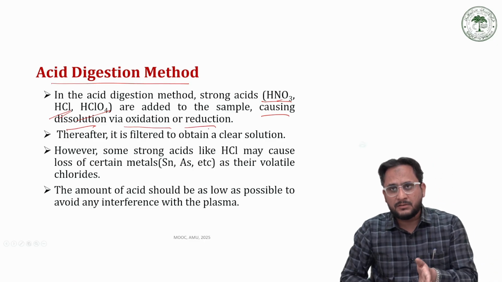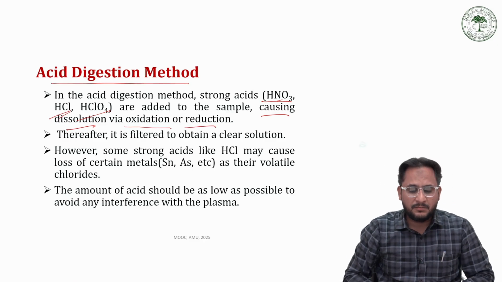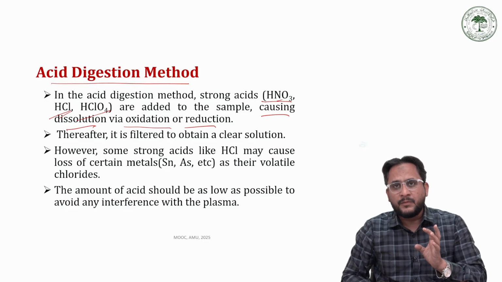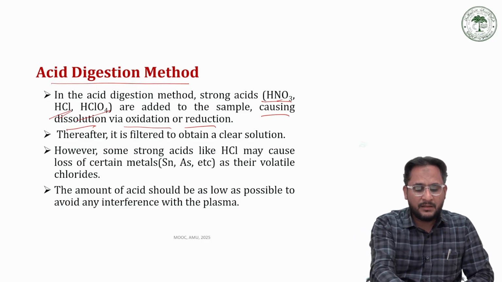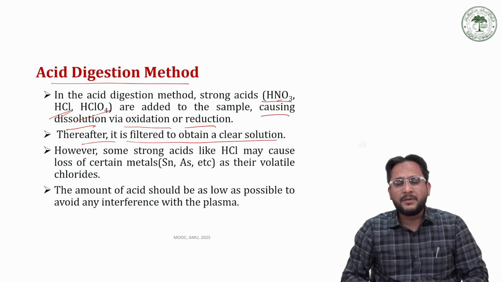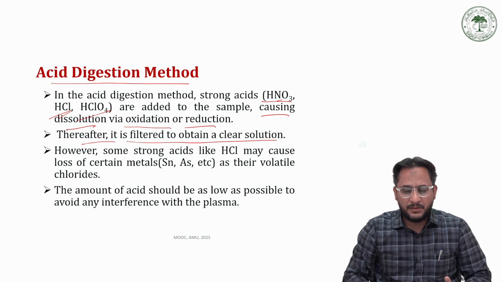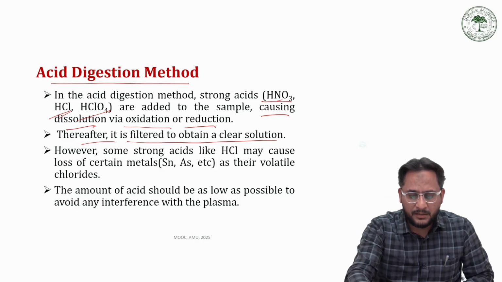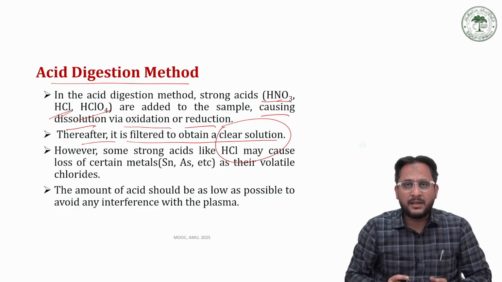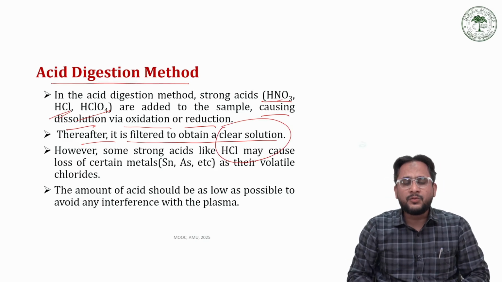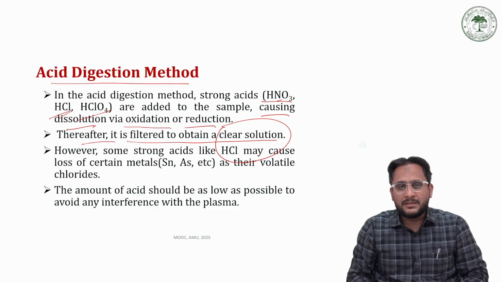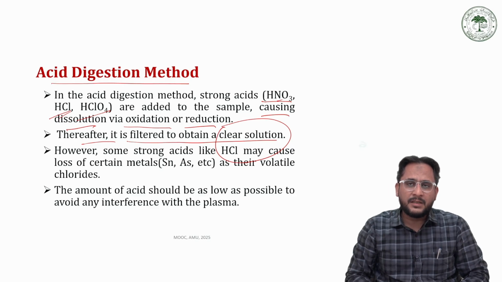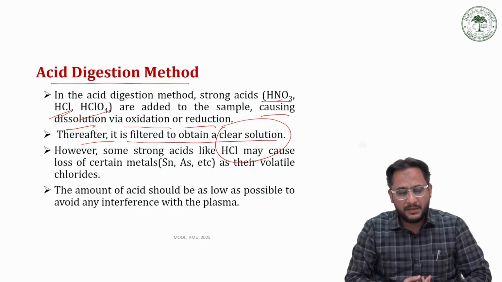Sometimes it causes oxidation or sometimes reduction, but ultimately it dissolves the sample matrix. Thereafter, when the digestion is complete, the sample still has some suspended impurities. Therefore the sample is filtered to get a clear solution, and that clear solution can be used for analysis using ICP AES.